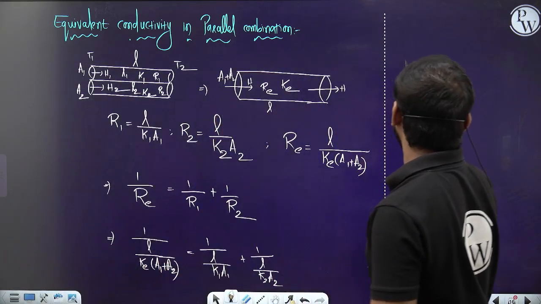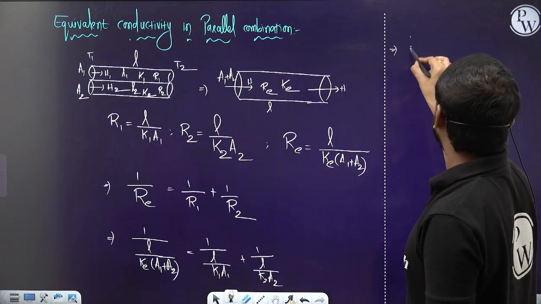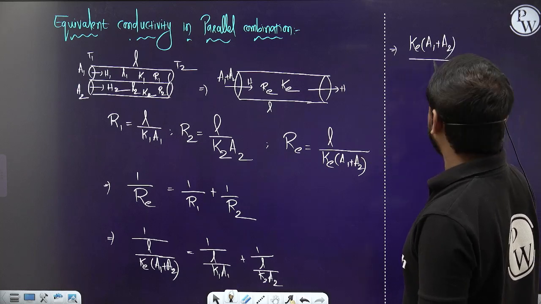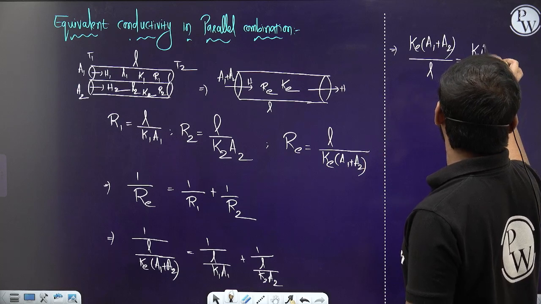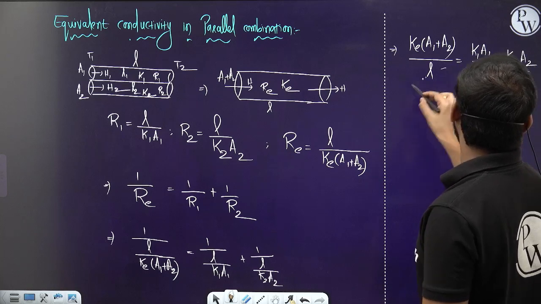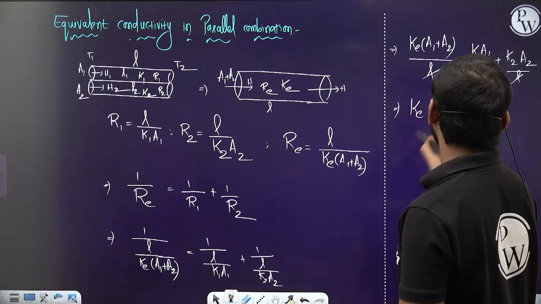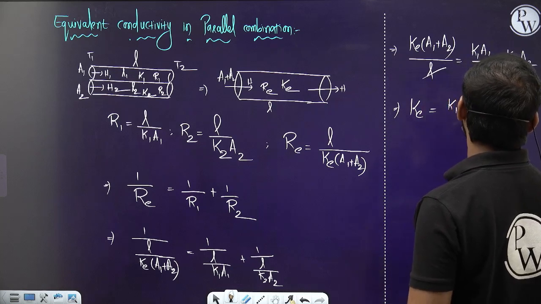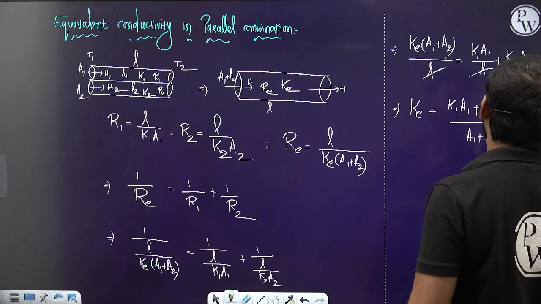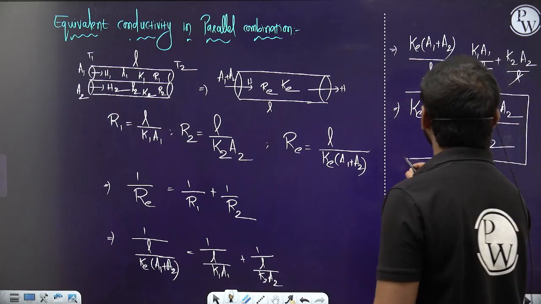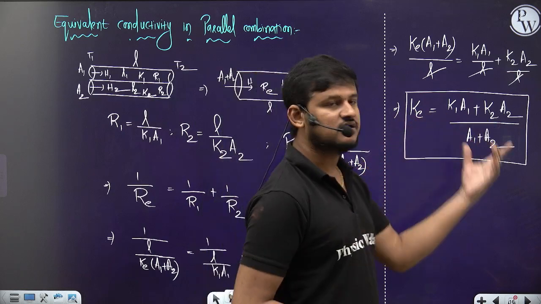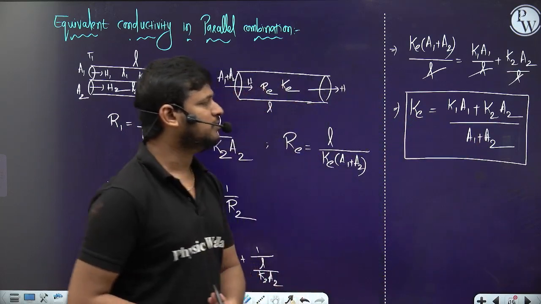So Ke into (A1 plus A2) by L is equal to K1 A1 by L plus K2 A2 by L. L gets cancelled. So K equivalent is equal to (K1 A1 plus K2 A2) by (A1 plus A2). This is the K equivalent for conductors connected in parallel combination.